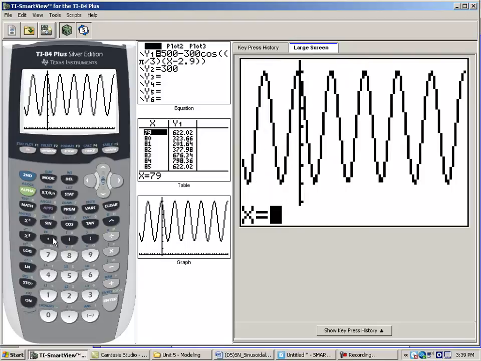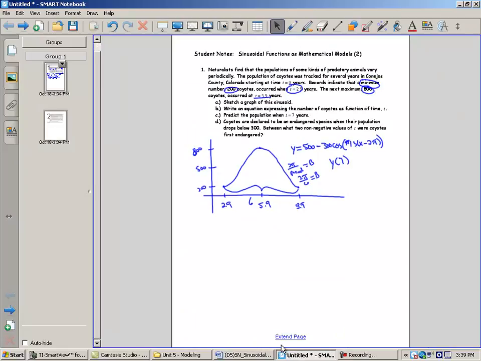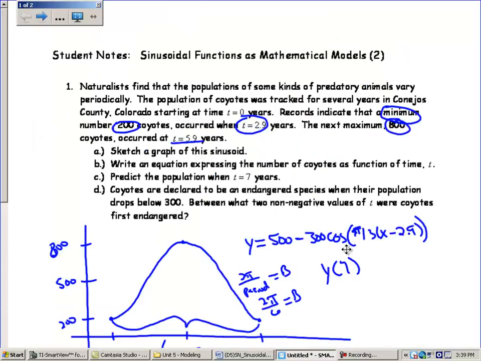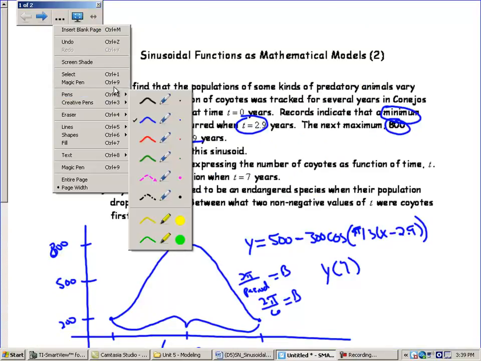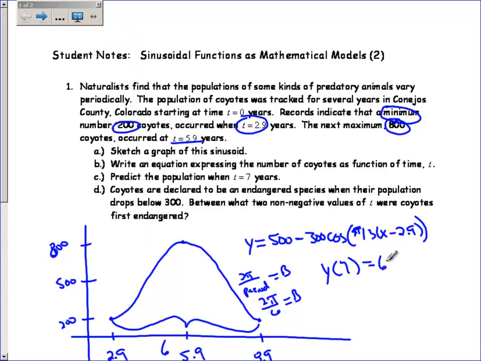I want a value at 7, and we can see that that is 622.021. So let's come back here and write that down. So that is equal to 622. We'll just round that to the nearest coyote because it doesn't make much sense to have part of a coyote.